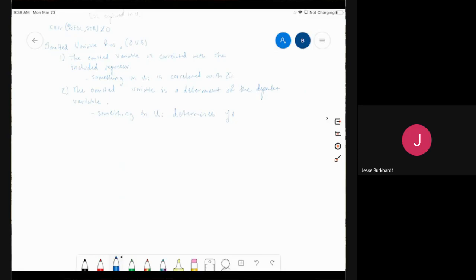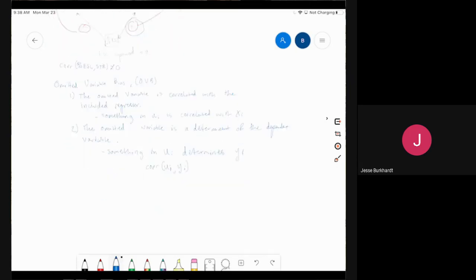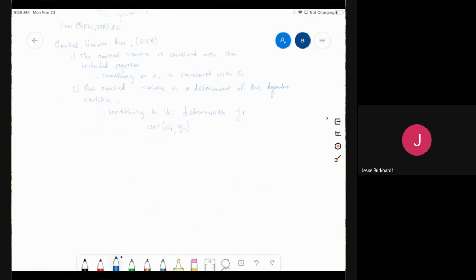In other words, it doesn't have to be determining it in the sense that it's causing it, but what this really means is that there's correlation between u_i and Y. There's always going to be correlation between u_i and Y, but the something in there that we're forgetting is determining Y_i. So in our example from above, percent ESL is contained or captured in u_i. We know that it's a determinant of test scores.